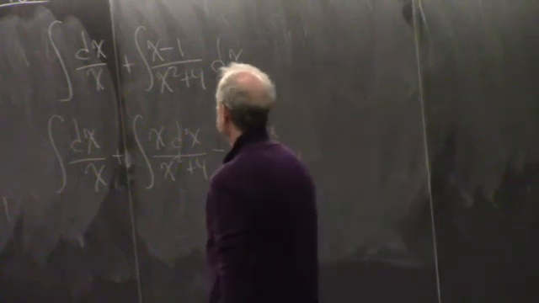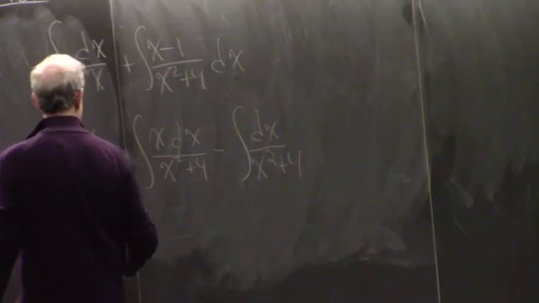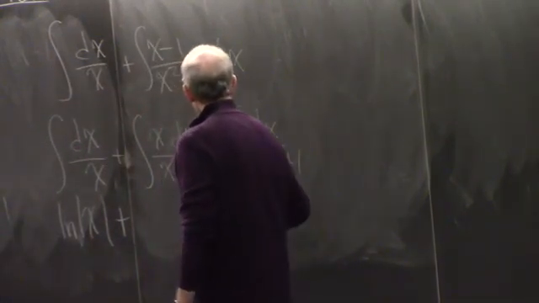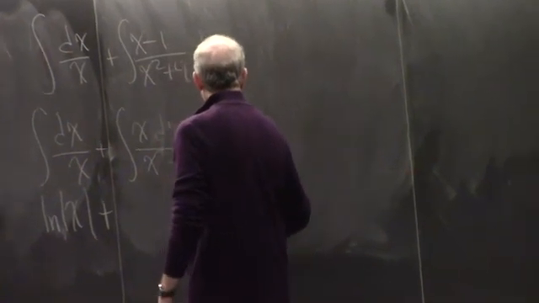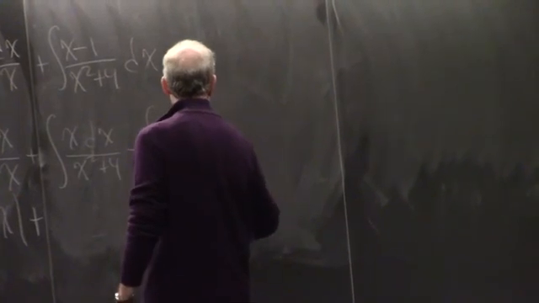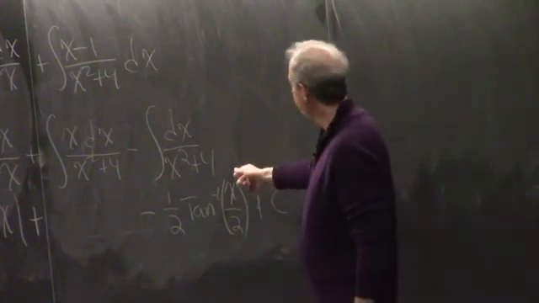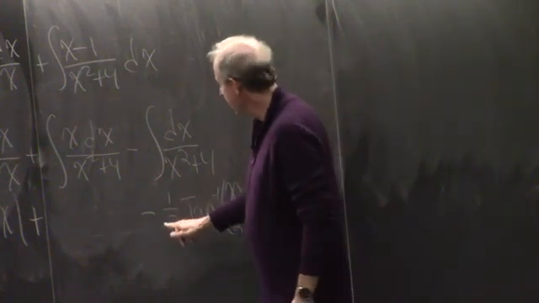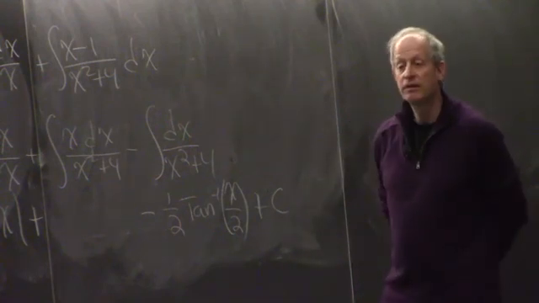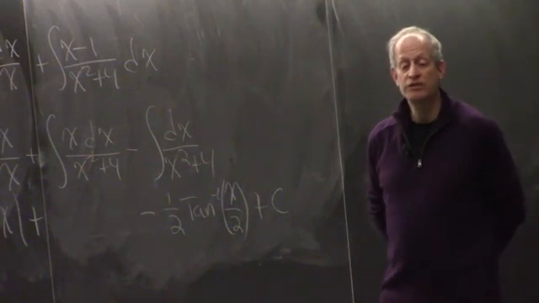So this integral is the log absolute value of x. This integral is going to need u substitution. We'll do that in a second. And this integral is going to be 1/2 tan inverse of x over 2. Okay? Because you take the square root of 4, and it's 1 over that, tan inverse of x over that. That's the formula, because x^2 + a^2. If a^2 is 4, then a is 2.